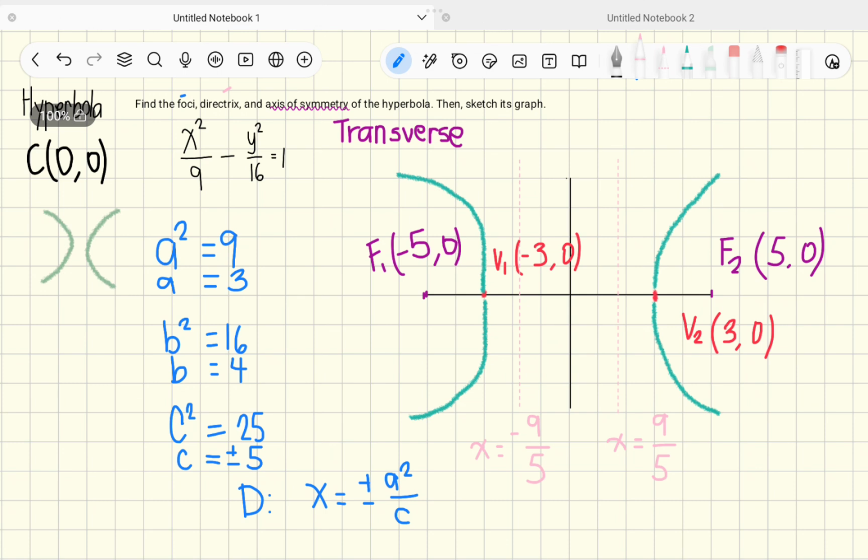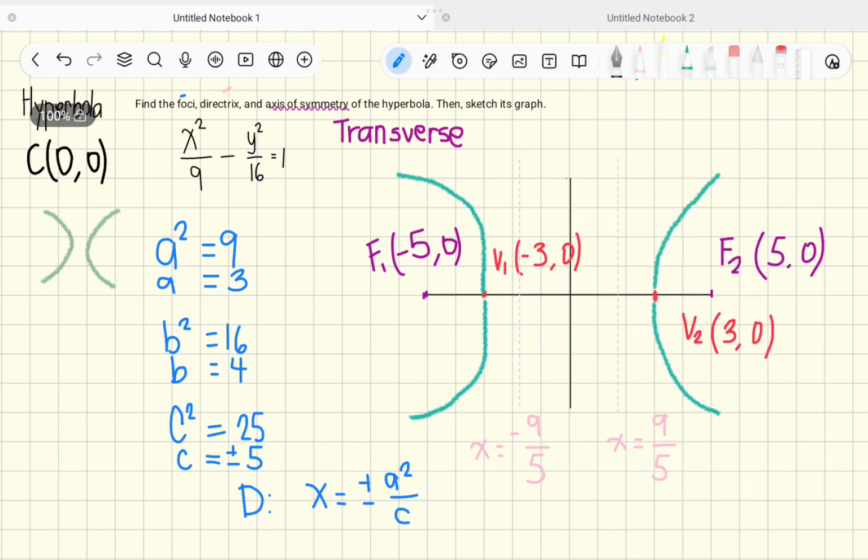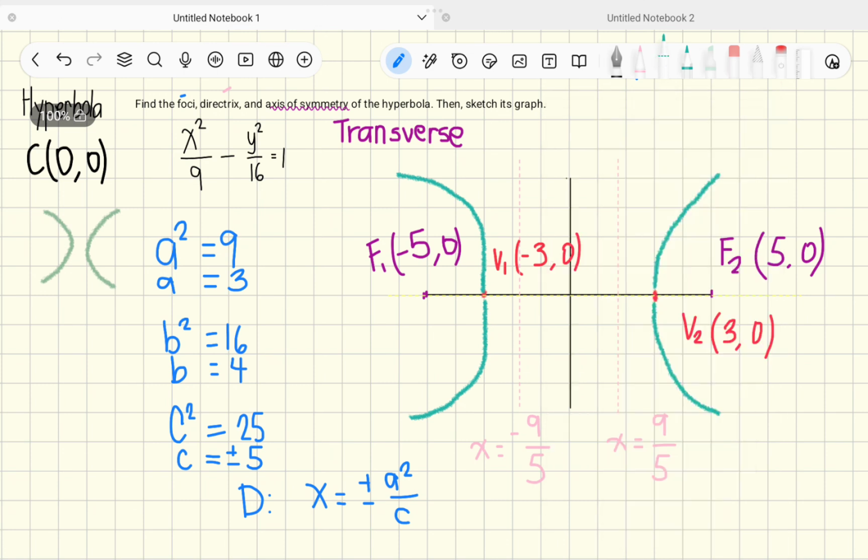Now the axis of symmetry. It's very obvious. Your axis of symmetry, or the transverse axis, is the x-axis, and the conjugate axis is your y-axis.